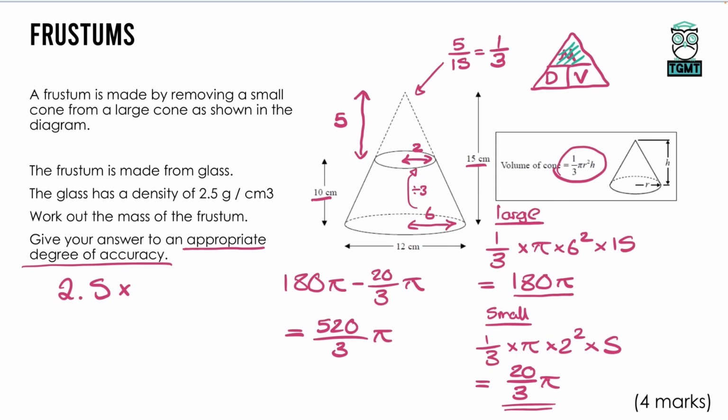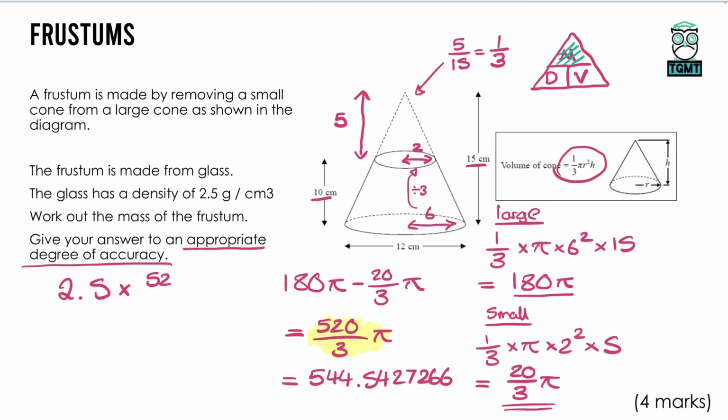You could at this point write it as a decimal if you want. The decimal is quite a large one. It's 544.5427266. I'm going to have to write that again because I've got to now times it by 2.5. So I'm just going to stick with using this 520/3 pi. Just feel like that's easier to write down.